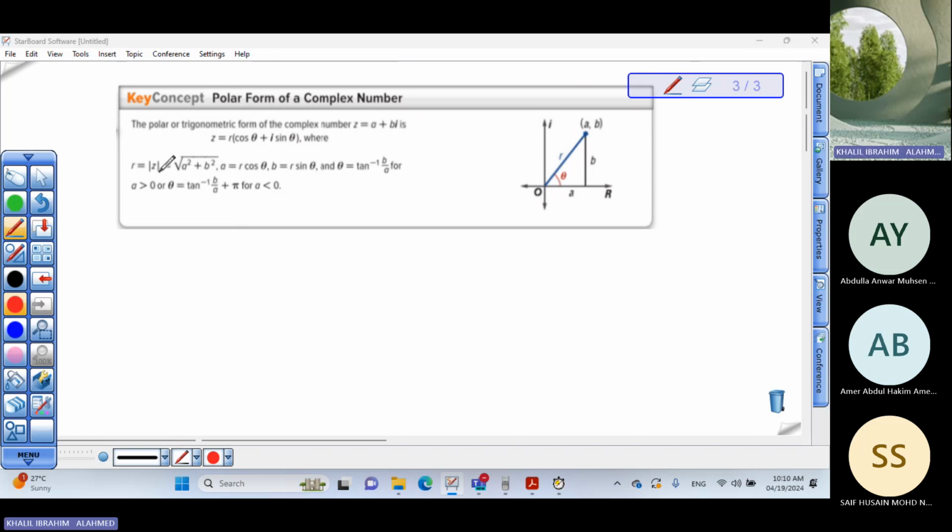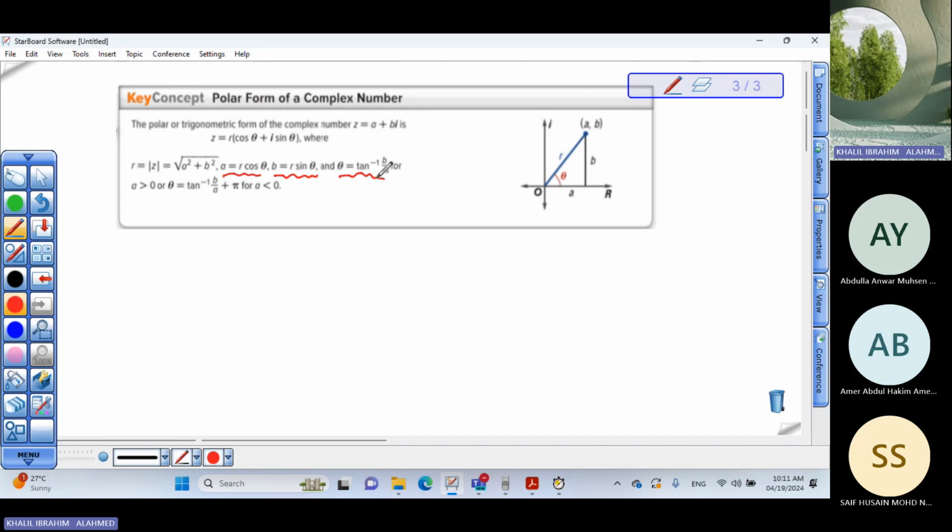Here the absolute value of z is the square root of a squared plus b squared, and a is the same as x in rectangular form. x equals r cosine theta, y equals r sine theta, but here a and b are the same. Theta here equals inverse tan of b over a. This is not a new idea.